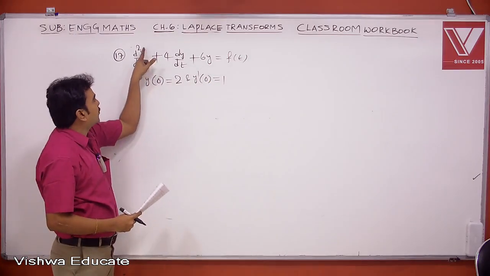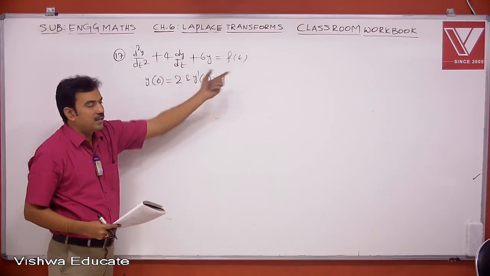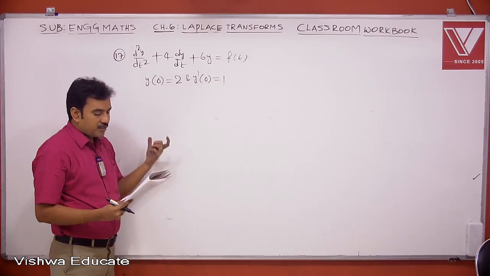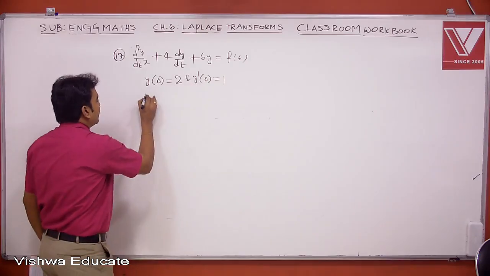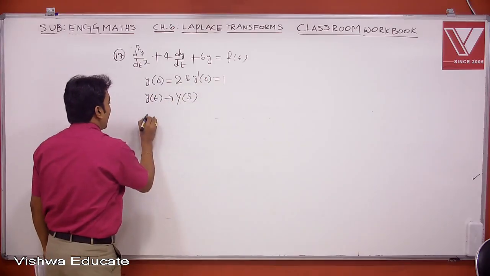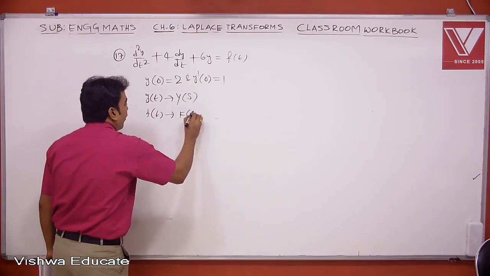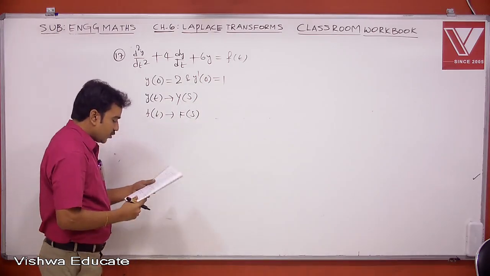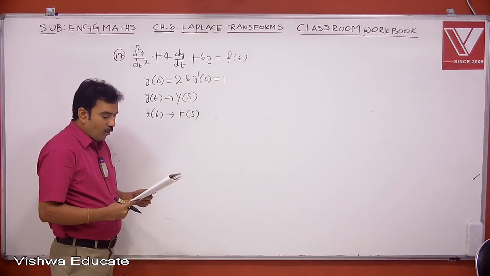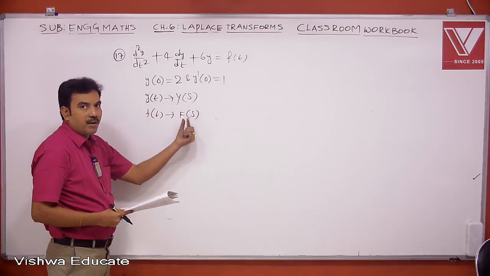On the LHS y function in the variable t, RHS f in the variable t. Boundary conditions are given for y. So Laplace transform of small y is capital Y of s. Laplace transform of this small f of t is capital F of s. So they asked to find Laplace transform Y of s. So we need to find this Y of s in terms of capital F of s.